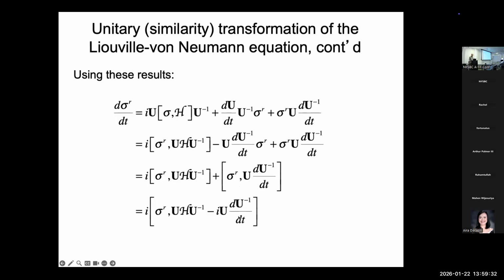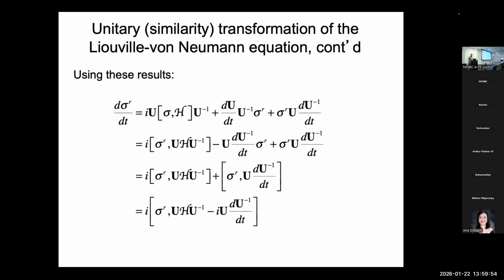And that's really important to us because that's in fact how we're going to try to get rid of the real time dependence in the Hamiltonian. This is why the rotating frame transformation works: this will end up being the part that compensates for the 500 megahertz rotation, for example.